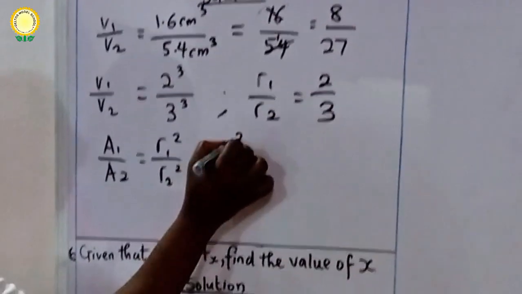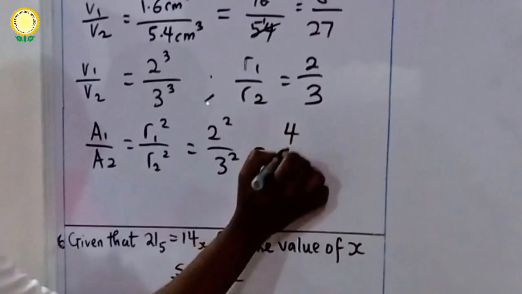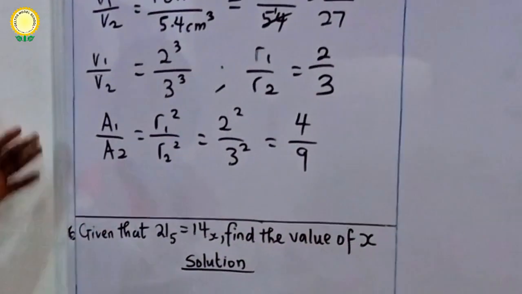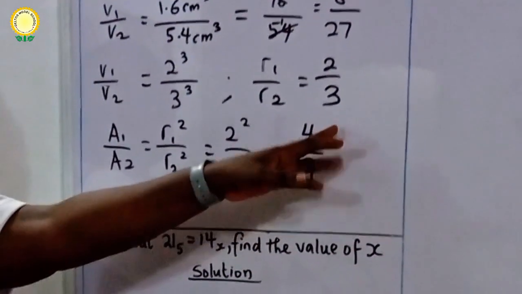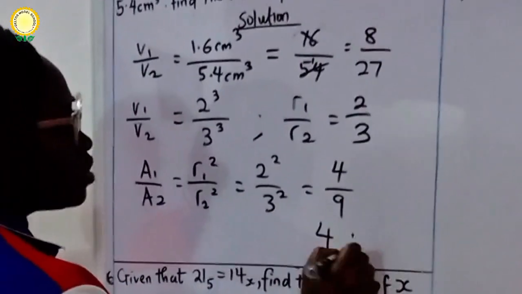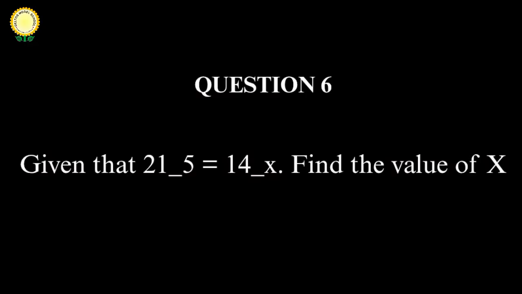That will be equal to 2 squared over 3 squared, which is equal to 4/9. So the ratio of the surface areas is 4/9.